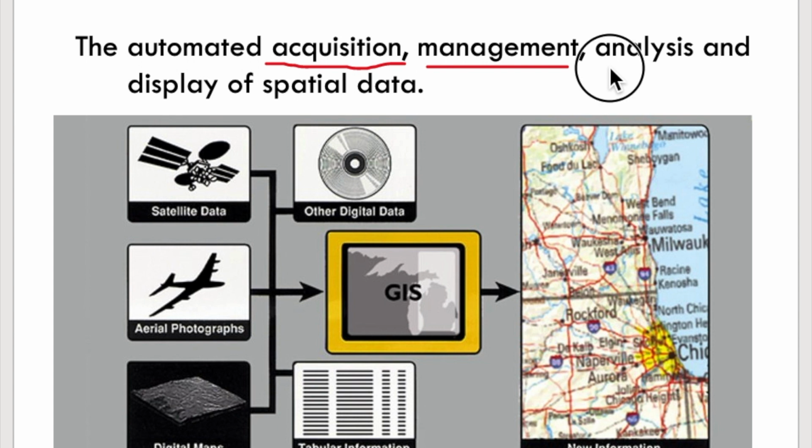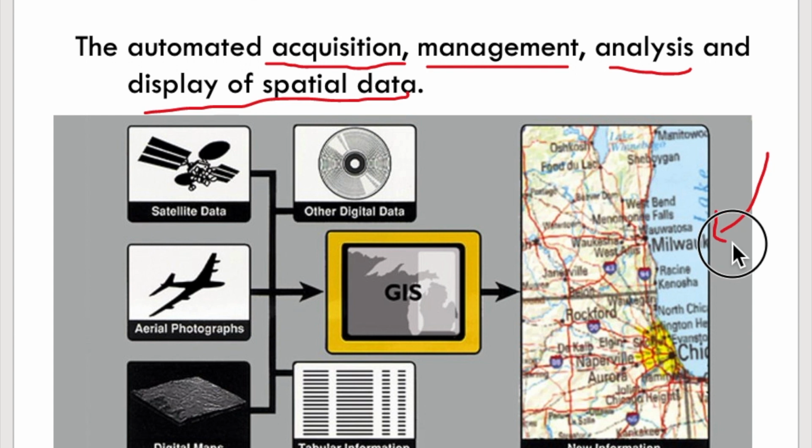And for analysis, we are analyzing the data set, and we are displaying the spatial data, like we see in this map here. We are displaying the spatial data as a map. And automated just means that we are dealing with an automated method in regards to the data set.